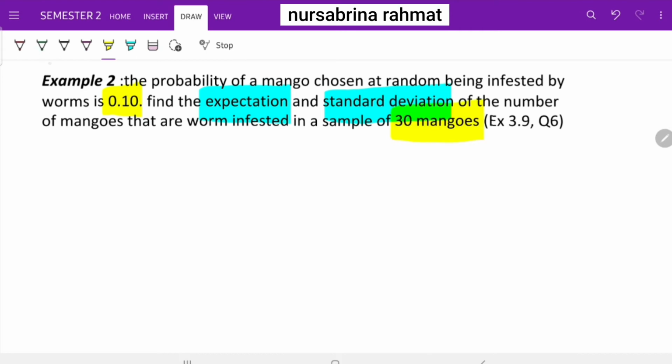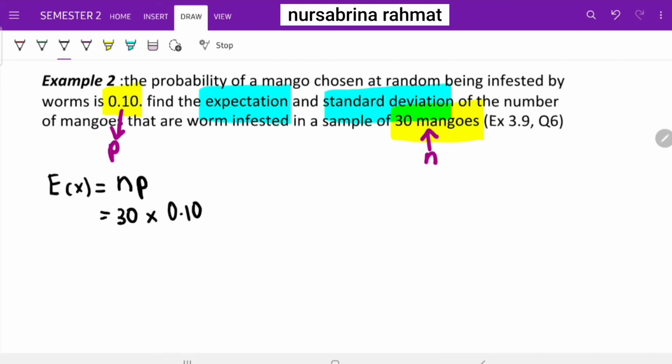Let's label them: this is your p, and this is your n. To calculate the expectation, E(X) = np, where n is 30 and p is 0.10. So your mean is 3.